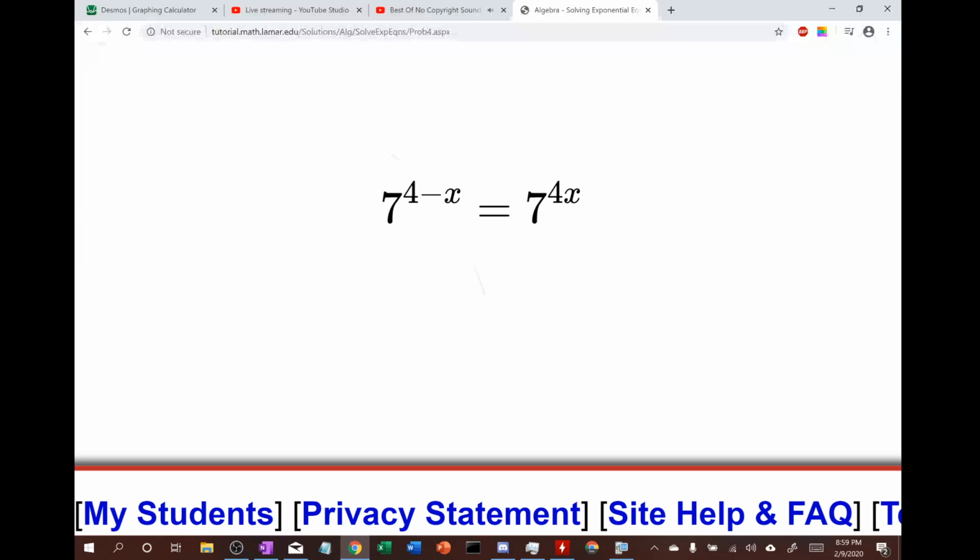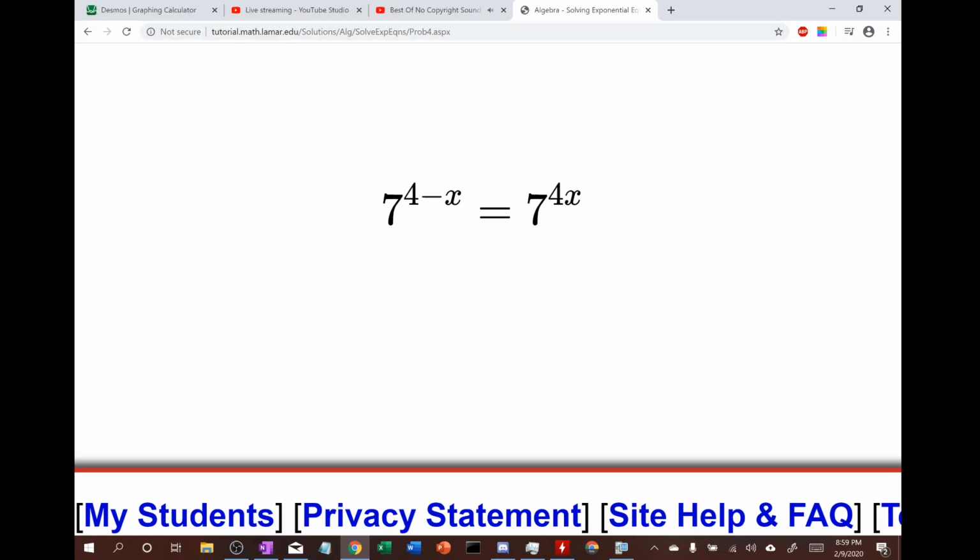So now we have 7 raised to the power of 4 minus x equals 7 to the power of 4x.